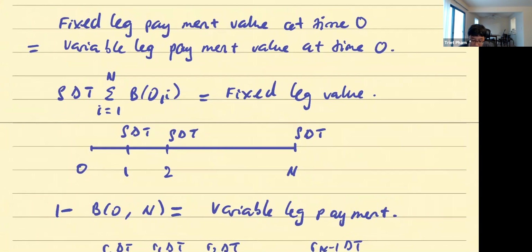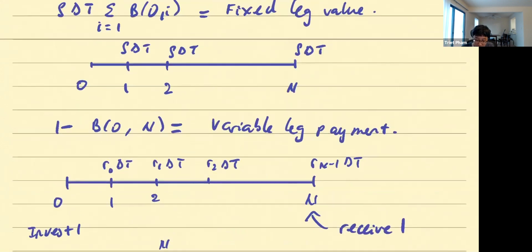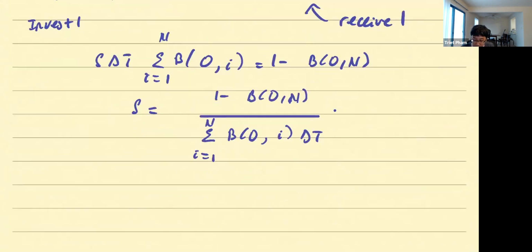It doesn't change anything so much, except that you must keep the length of the investment inside the sum rather than outside. Everything else will be the same. This will still be the same, surprisingly. So the variable leg payment is still the same. The fixed leg payment will change in terms of the delta T being inside. So the best thing to do is just keep it inside like this. But most of the time, this interest rate swap is structured on equal investment periods anyway.